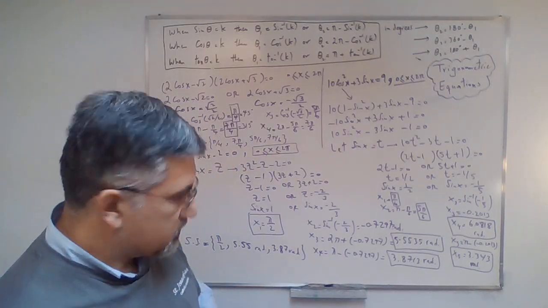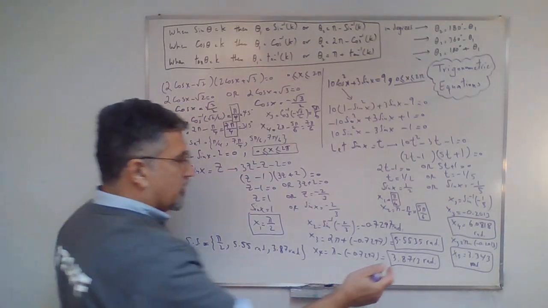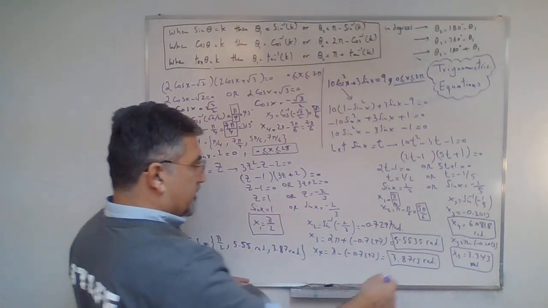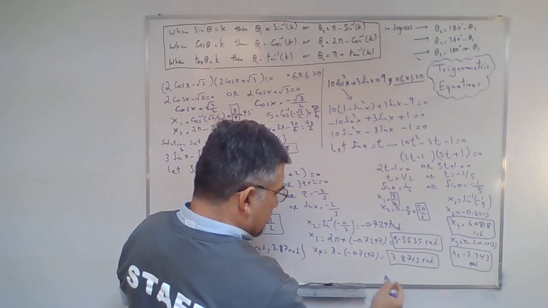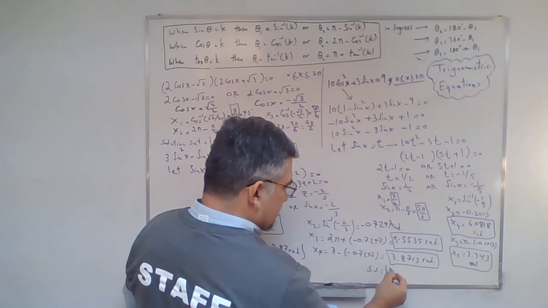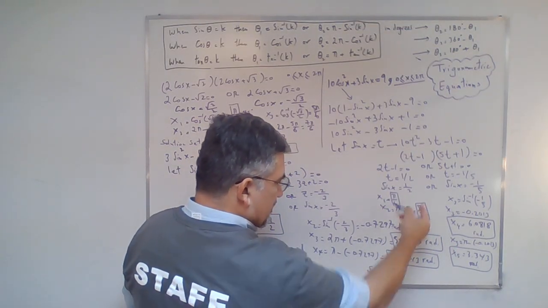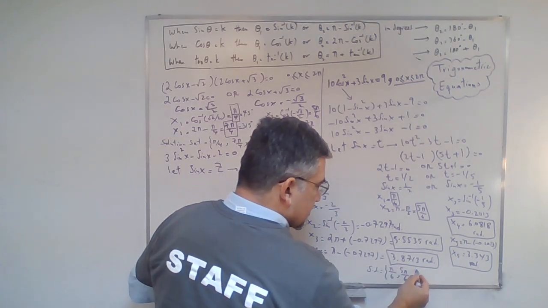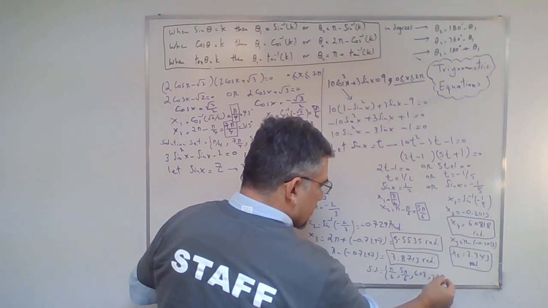Okay, so now the solution set for this trigonometric equation, I'll write it at the bottom. It would be pi over 6, which we had before, 5 pi over 6, 6.08 and 3.3.